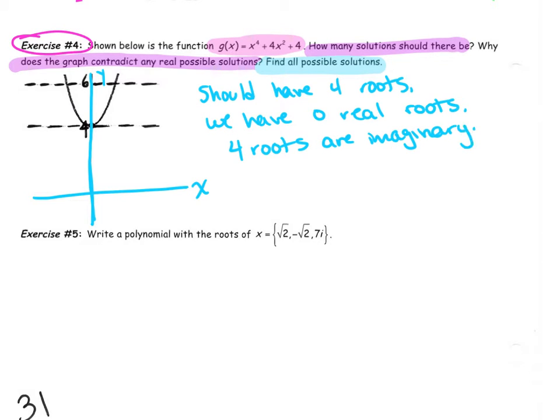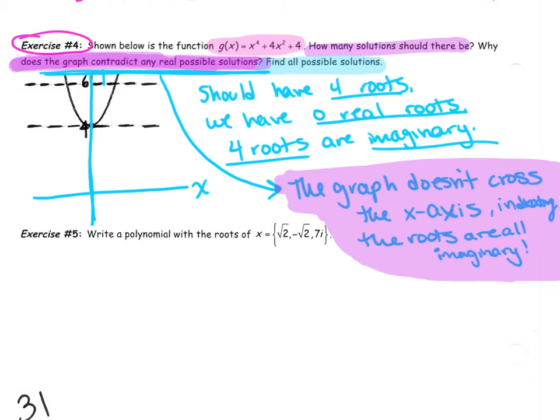You should have 4 roots. We have no real roots, so there are 4 imaginary roots. The graph doesn't cross the x-axis, indicating the roots are imaginary. So, does the graph contradict any possible solutions? Yes. That's my answer for this purple piece that I highlighted. The graph does not cross the x-axis, so the roots are all imaginary.